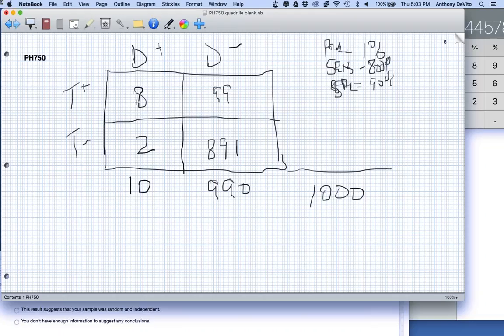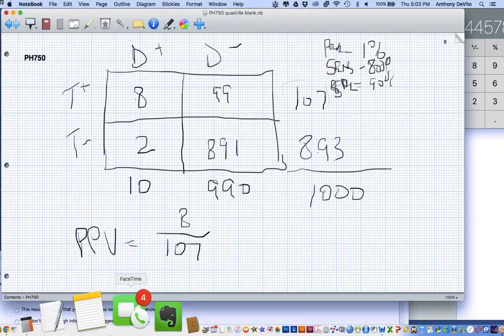Okay, so let's add this up. How many people tested positive here? 107. How many people tested negative? 893. So what's the positive predictive value for this test? 107 people tested positive, but only 8 of them had the disease.